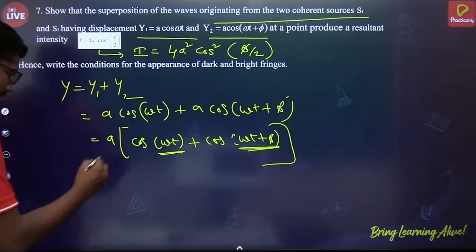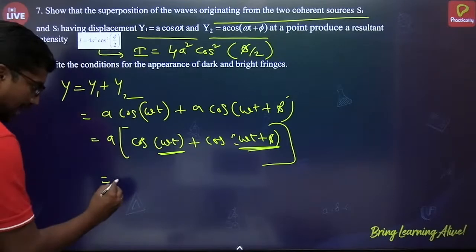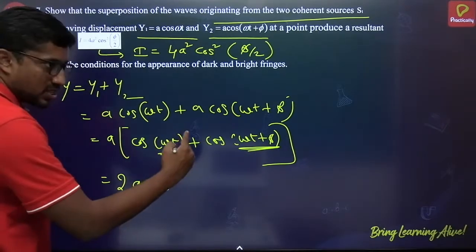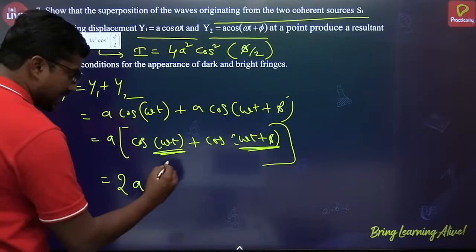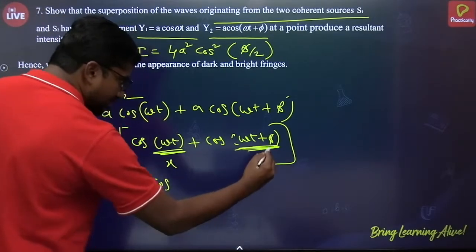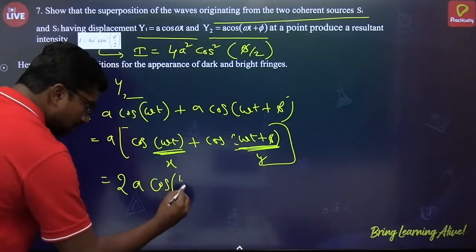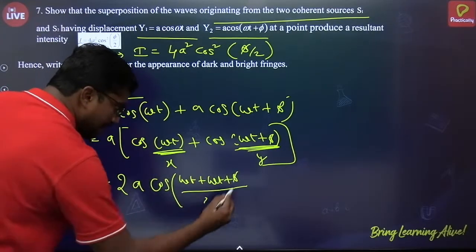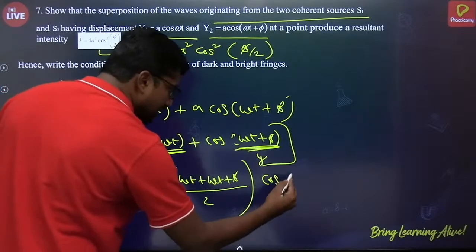Then if I apply it here, as 2 is there, I am writing 2a cos of (x plus y) by 2. This is x and this is y. So x plus y by 2 is omega t plus phi by 2, into cos of (x minus y) by 2.